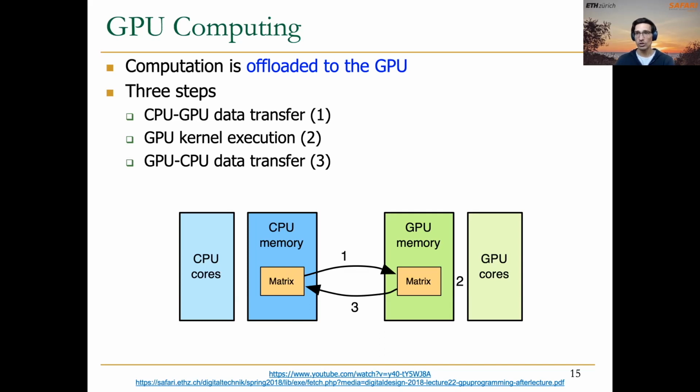After that, we launch one kernel for execution by the GPU cores, which computes on this input data and produces some output results that are later moved back from the GPU memory to the CPU memory using a GPU to CPU data transfer. So this is how GPU computing works. This is essentially what we call the accelerator model.